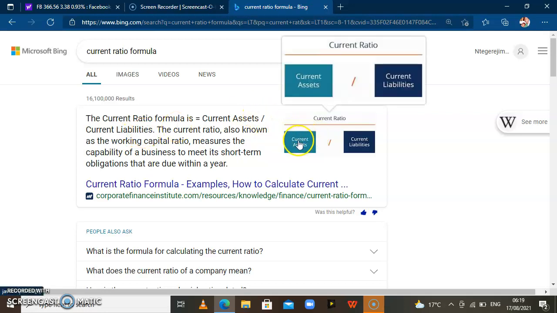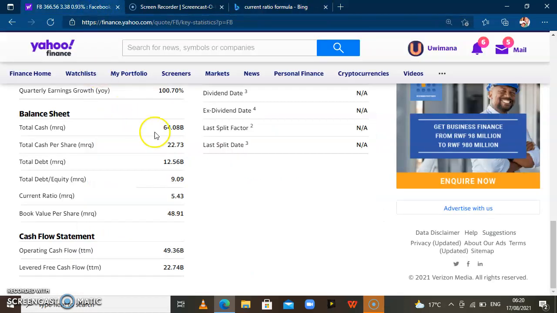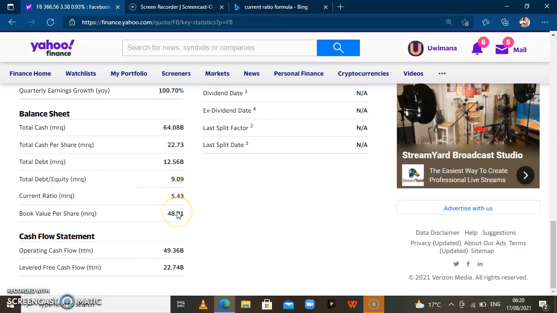As simple as that: current assets divided by the current liabilities. Now, if this is 1, it's not good. If it's above 1, maybe 2, that means the company can pay the current liabilities and stay strong. That's too good. But in the case of Facebook, it's a whopping 5, a very good thing.